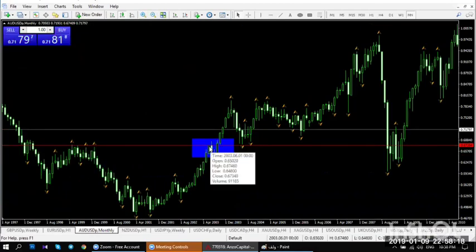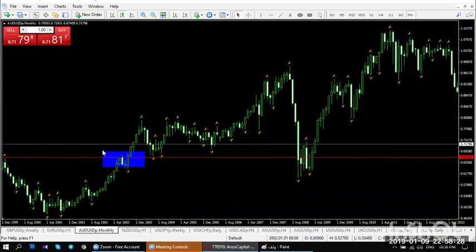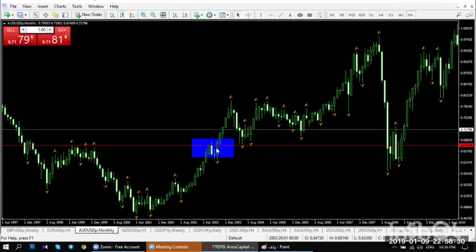Can you see it? The close is the same as the price that has been open. And we've had a shadow pivot before that. You see, these pivots are very powerful.